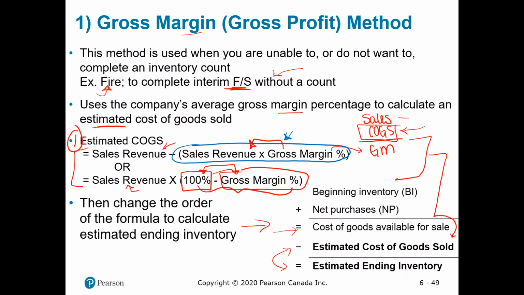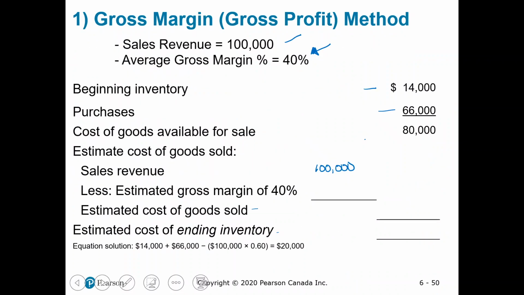So we're calculating the gross margin and we're subtracting that from sales. So we take this here, it's 100,000 times the 40% gross margin percentage, and that gets us to 40,000. So that's our gross margin. We need to subtract that from our sales revenue, and therefore our estimated cost of goods sold is 60,000.